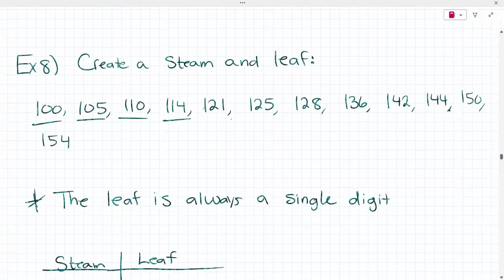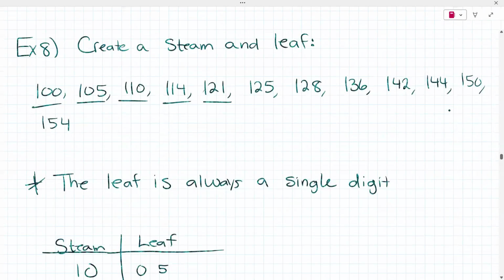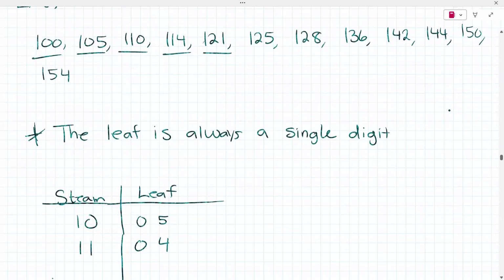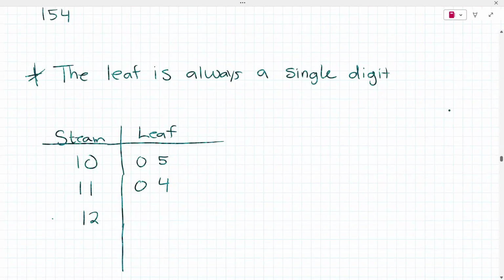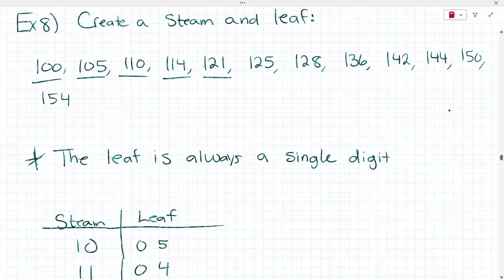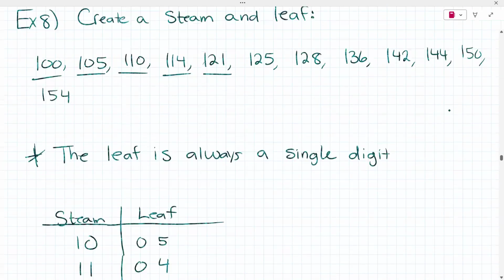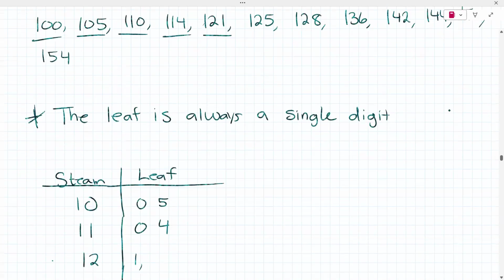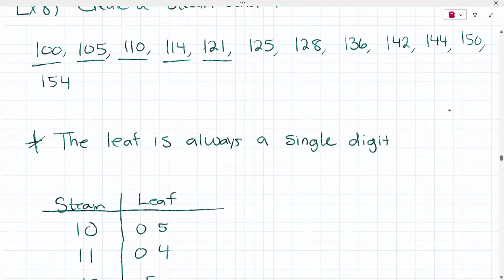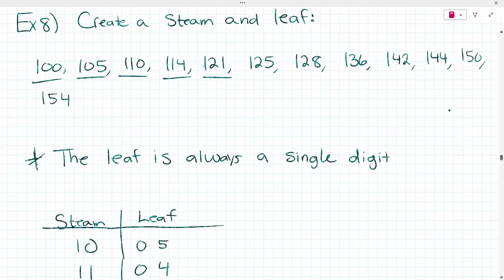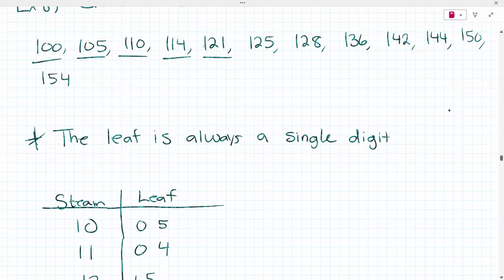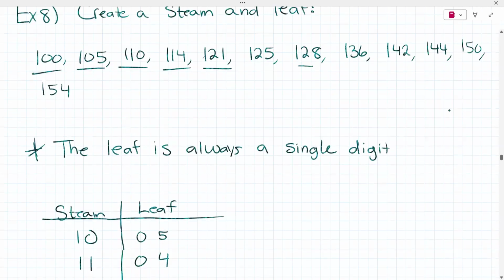Okay. And what about 121? That would be 12. And you'll put a 1 here, 5, there's no commas, 5, and then another number for the 120s is 125, and 128.